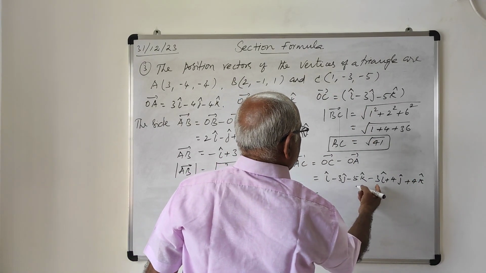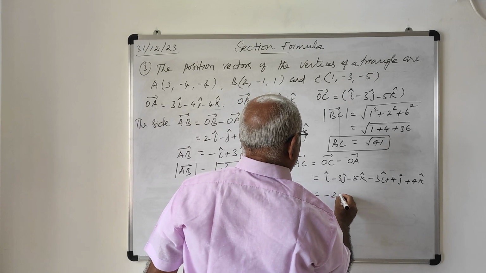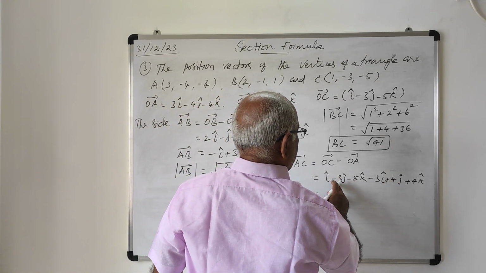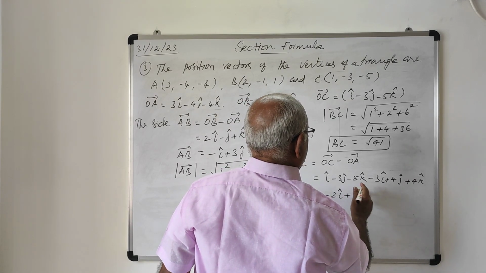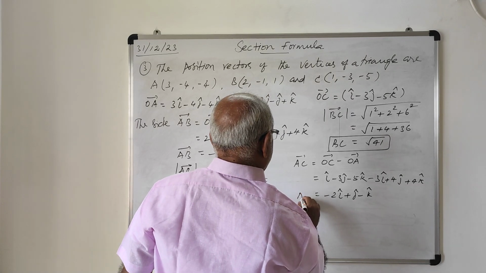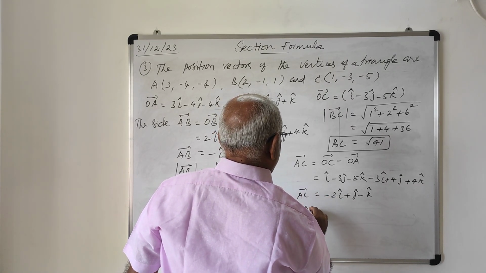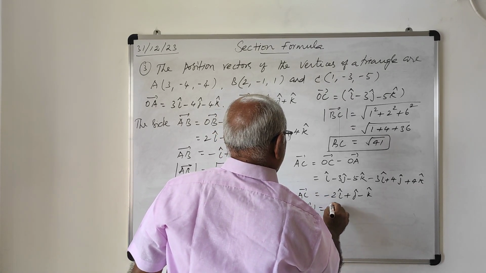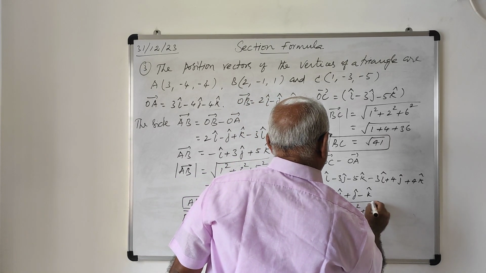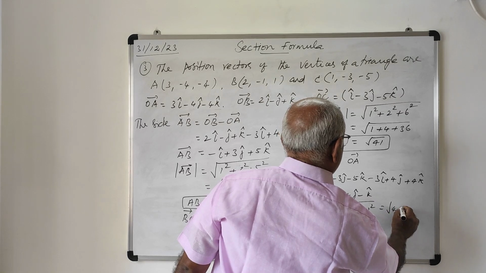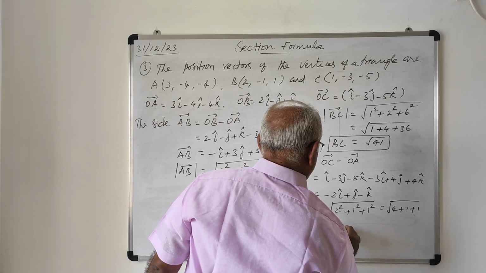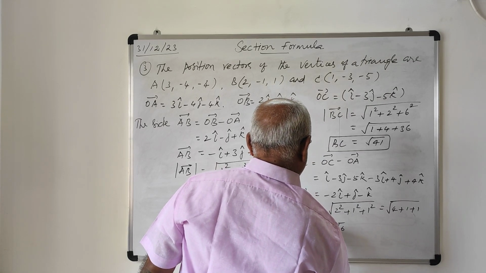So this is equal to 3i minus i, that is minus 2i; 4j minus 3j is plus j; minus 5 plus 4 is minus k. So this is the AC vector. Now the modulus of AC is root of 2 square plus 1 square plus 1 square, that is root of 4 plus 1 plus 1, which is root 6. This is your distance AC.